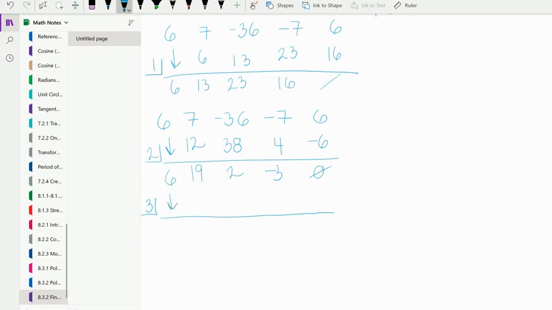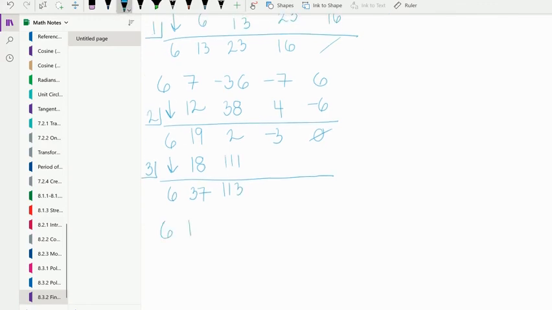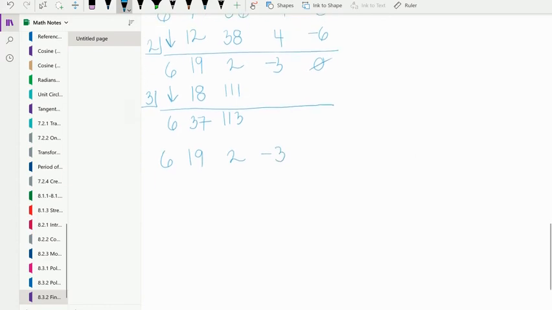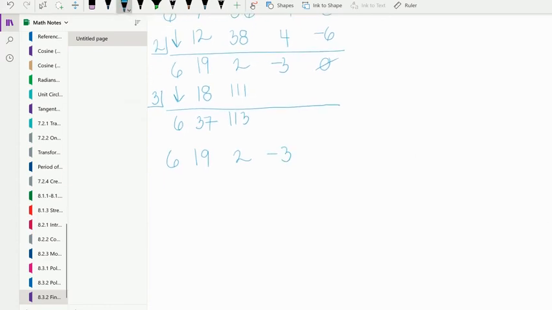So we pull it down, we get 6, we get 18, 37, and I can already tell that this is not going to work, but we can keep going. Yeah, so this is not going to work. So then we will pull those numbers again. Okay, let's go ahead and test -3.